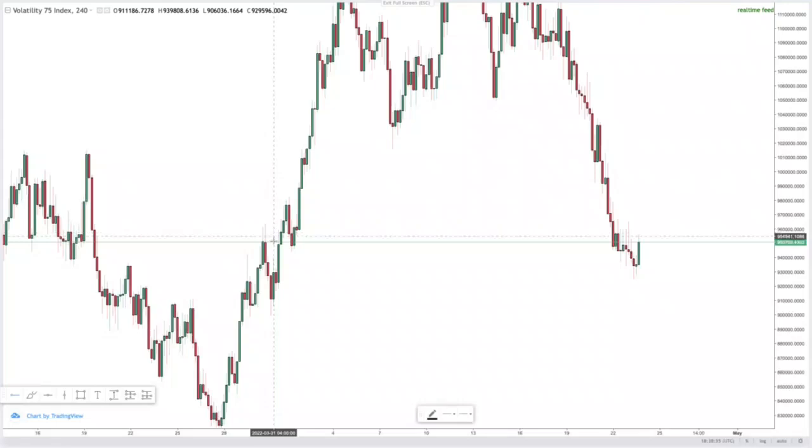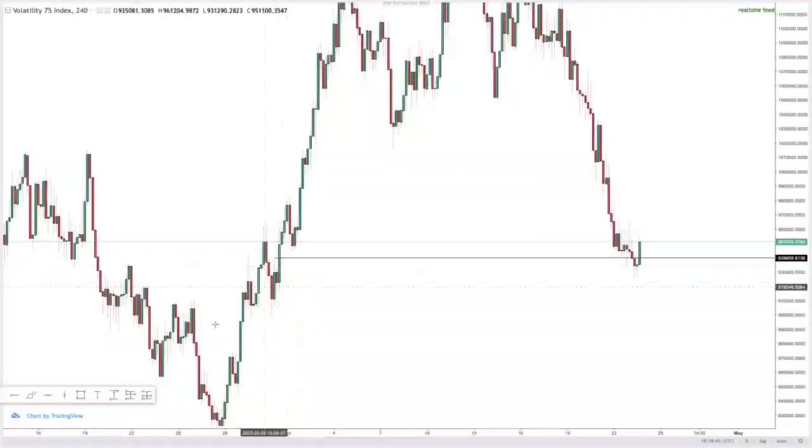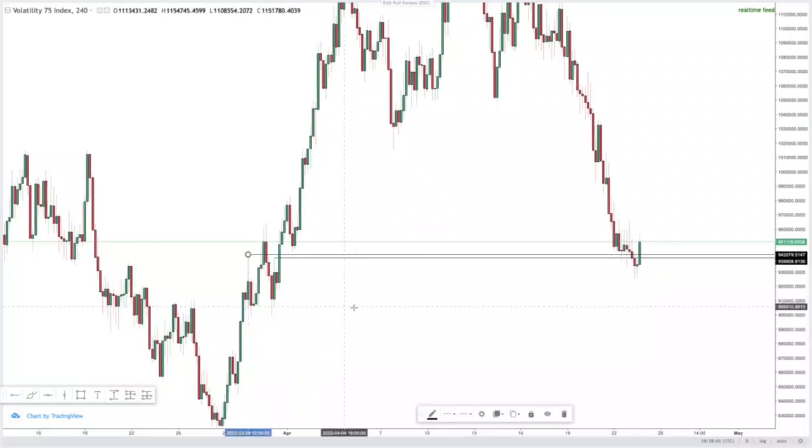In this time frame, we have this break-in retest structure right here, and at the same time we have this break-in retest structure right here. Though this is a hidden invalidation right here.